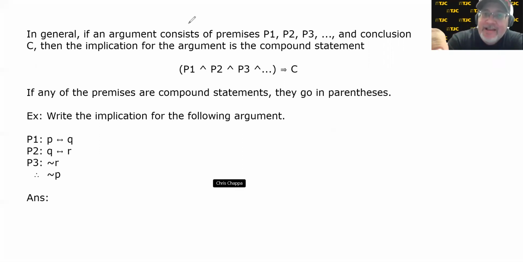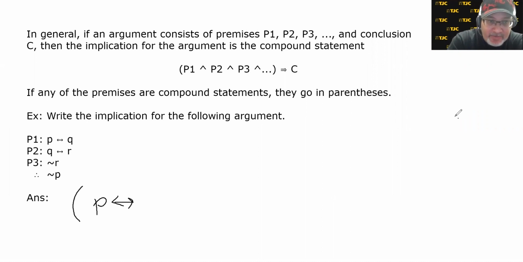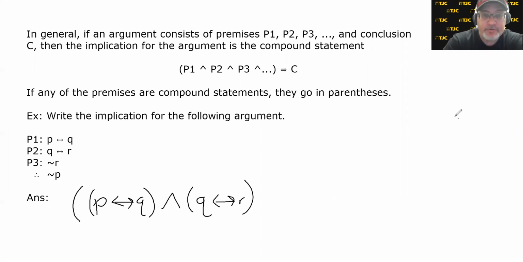I'm not asking if it's a valid argument or an invalid argument. I'm simply asking, what would the implication be? Well, implications are easy to write. You open up a parentheses, you write the first premise, but if it's a compound statement, yes, that is a compound statement, it goes in parentheses. So first premise, conjunction, second premise, which is also a compound statement, Q if and only if R, close parentheses.